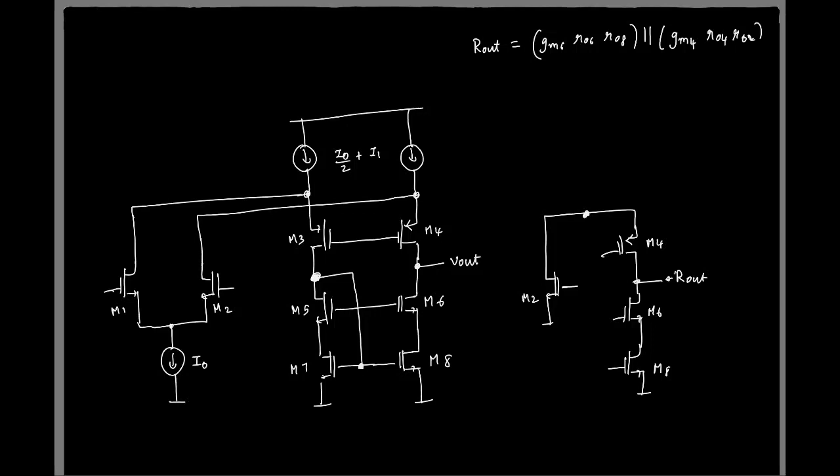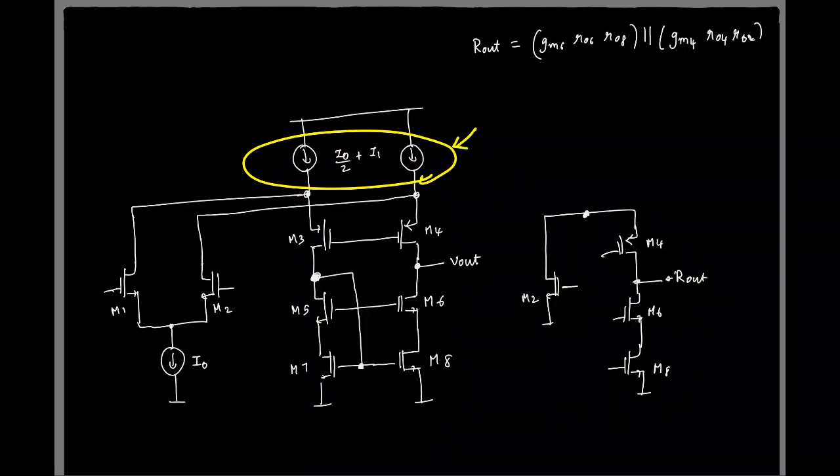Great. So now here these current sources will be realized using transistors. And what kind of transistor do you think we'll use here? I mean, how many types of transistors do you know? NMOS and PMOS, right? So yeah, what will you use? PMOS. Okay.